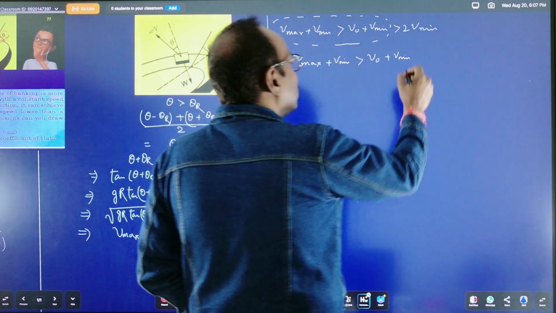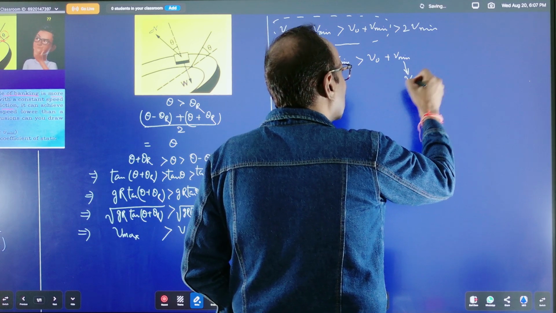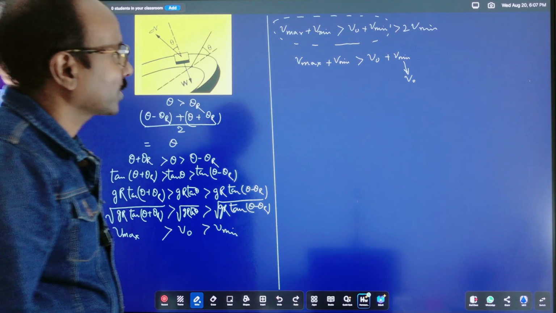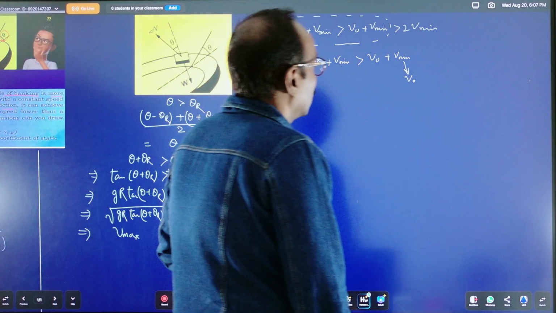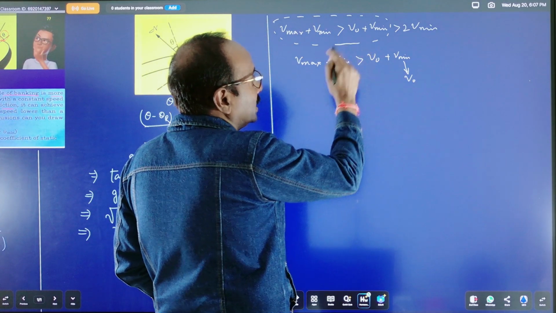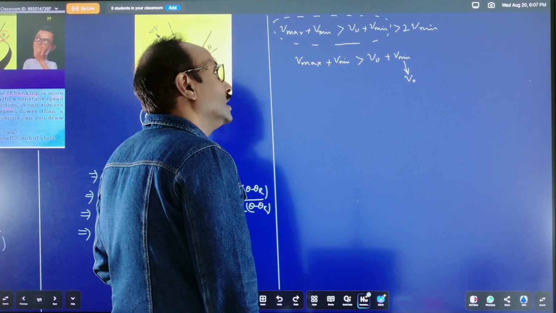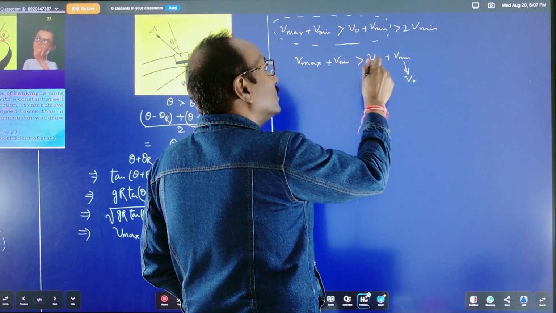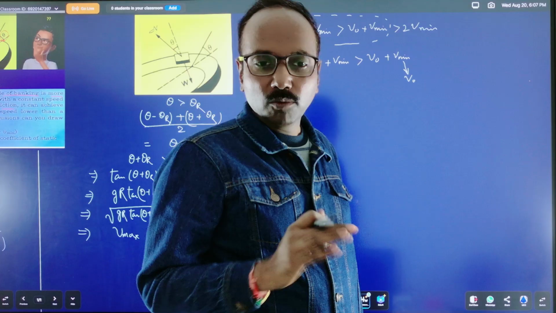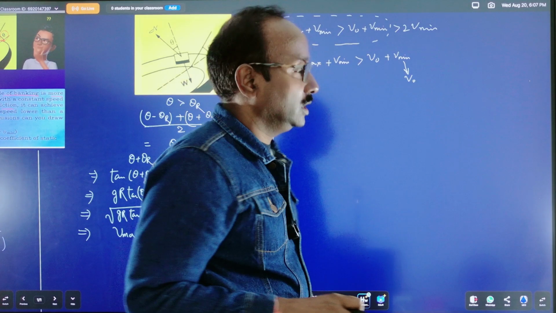If we replace V minimum by V naught, we are not very sure which way the sign will change, because we know only that V naught is greater than V min, but how much is not known.